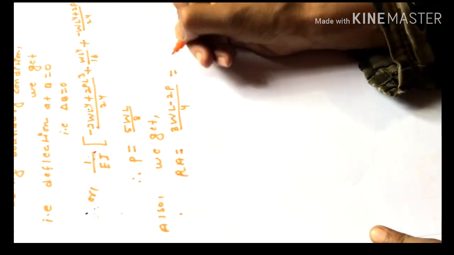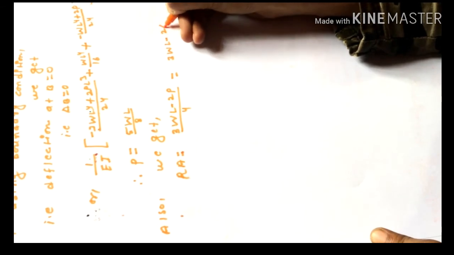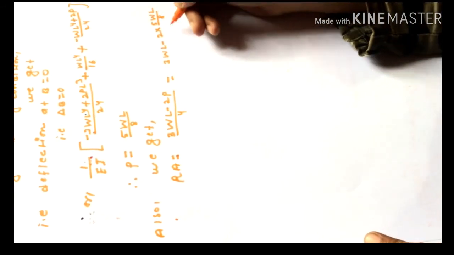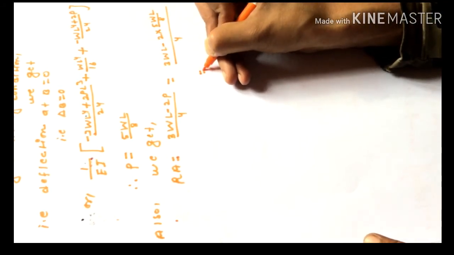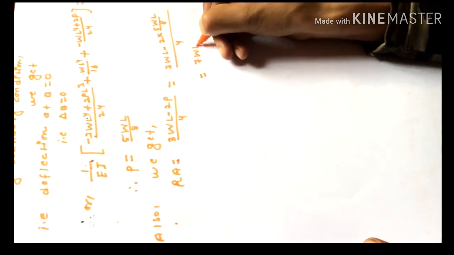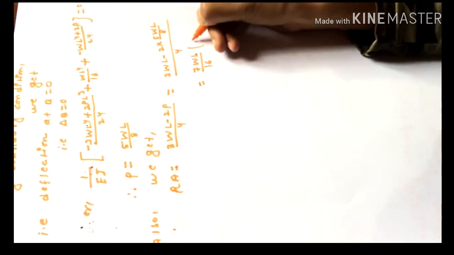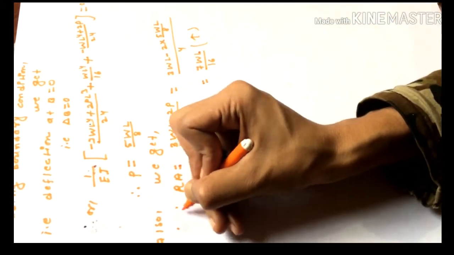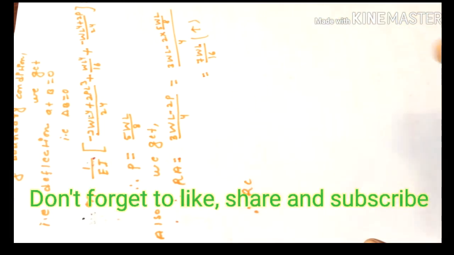Here replace the value of P, we get 3WL minus 2 into 5WL divided by 8, divided by 4. Here we get RA is equal to 7WL divided by 16, acting in upward direction.